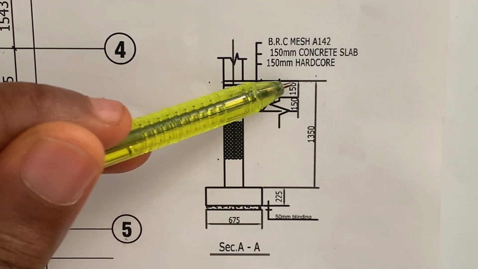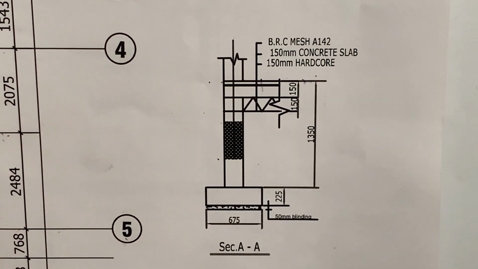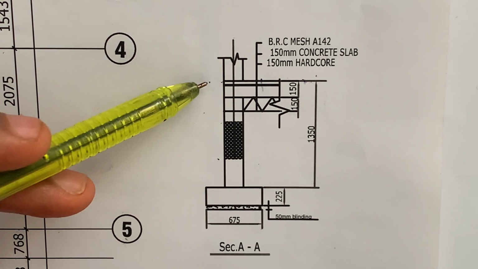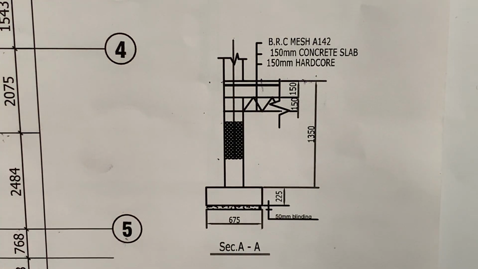Since the distance from here down to the bottom of the blinding is 1625 as we've calculated, we will now minus that 600, which is 1025. So the depth of our foundation trench is 1025. It means that our column pit excavation is deeper than our foundation trench excavation, because the depth of our column pit excavation was 1150, and now the depth of our trench is 1025.